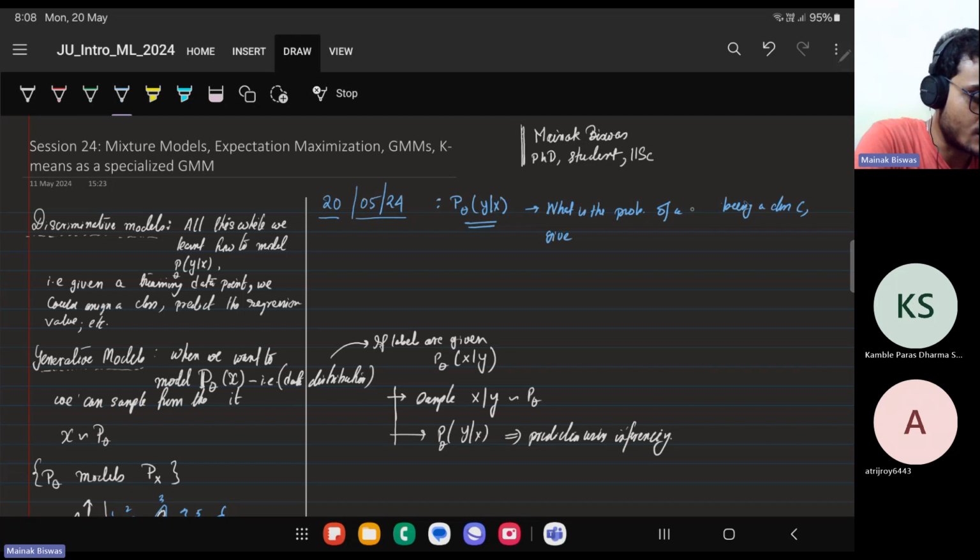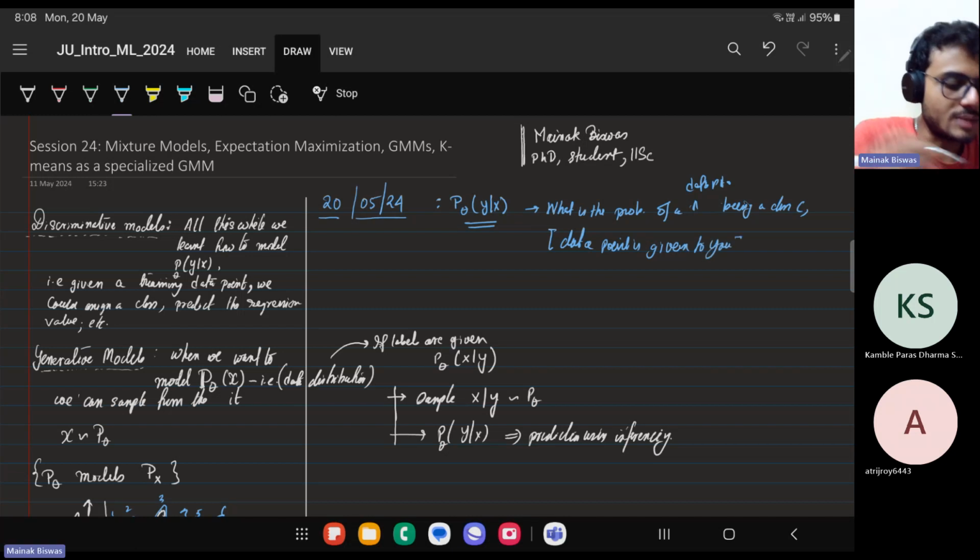So the data point was given to you, and you were finding out the conditional probability. These are called discriminative models, as the name may suggest. They used to discriminate between different classes or categories of objects. Regression can also be thought of as a discrimination problem because you're actually predicting y from x.